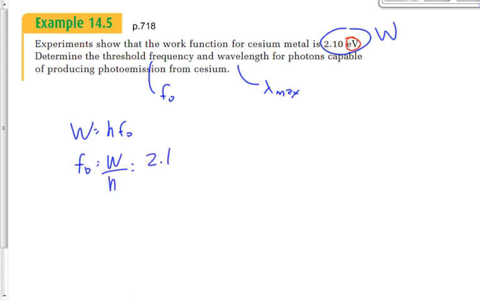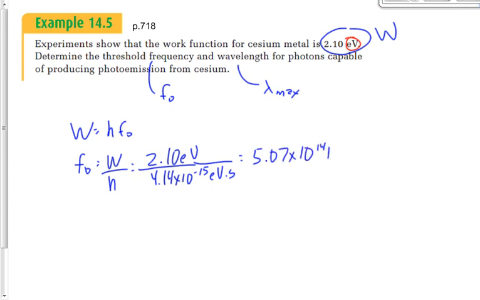But remember, if I'm using 2.1 electron volts, what value for Planck's constant am I going to use? Good. 4.14 times 10 to the negative 15 electron volt seconds. Okay, you convert that to joules and then use 6.63. Guess what? You're going to get the exact same frequency, whatever that is. 5.07 times 10 to the 14.